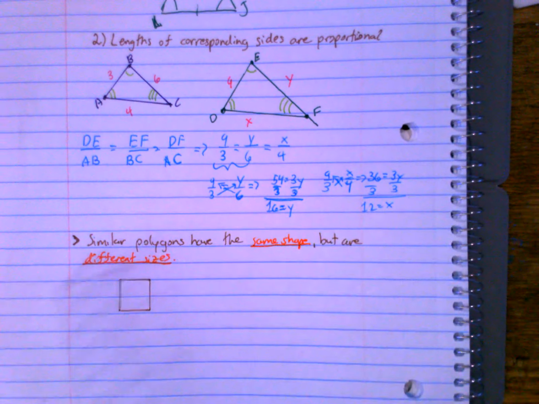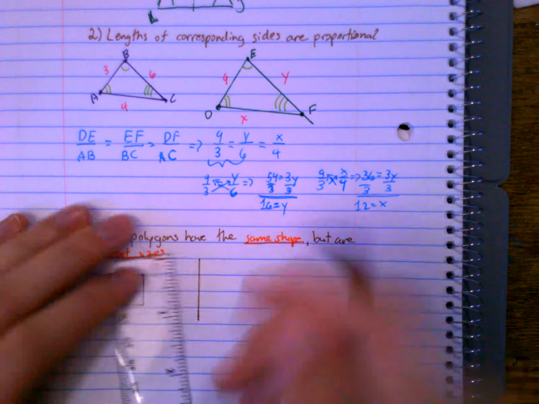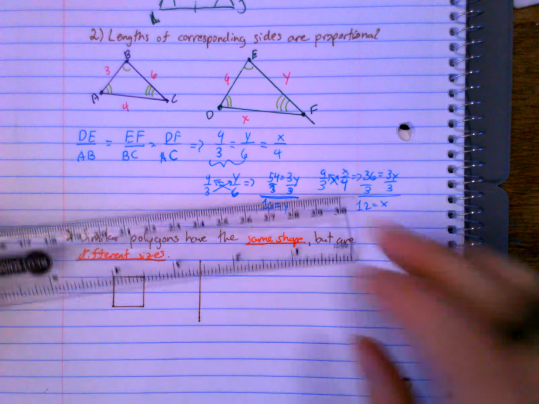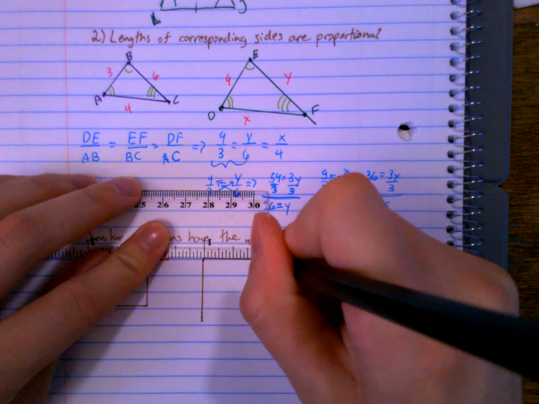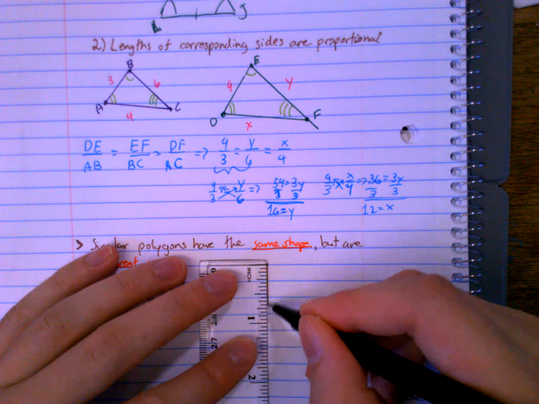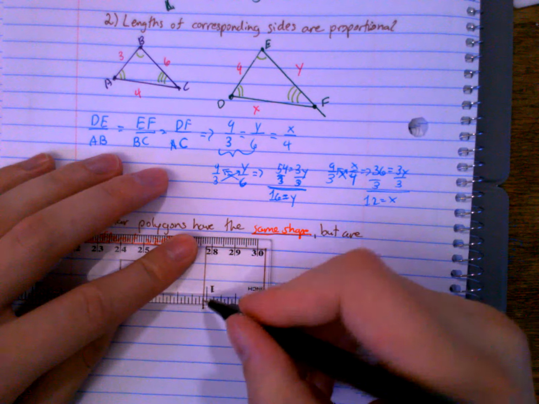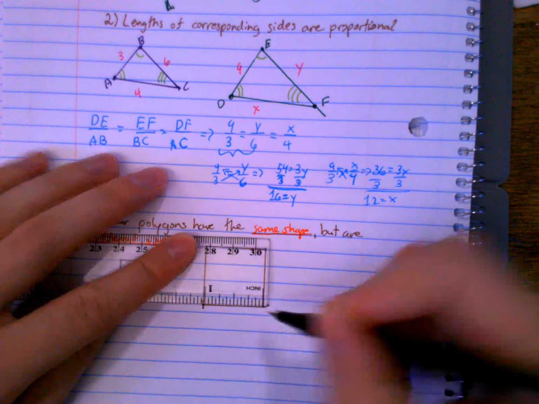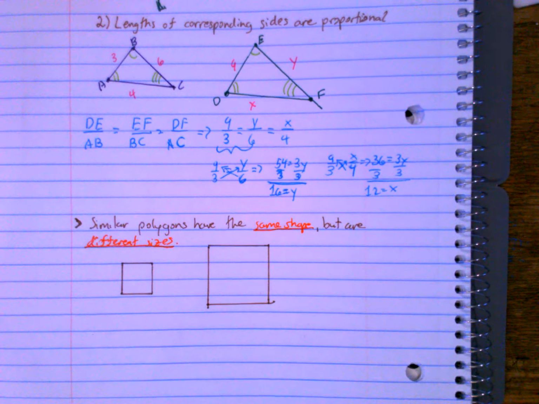And I draw a bigger square. There we go. He's a little crooked on the bottom, but he gets the job done.